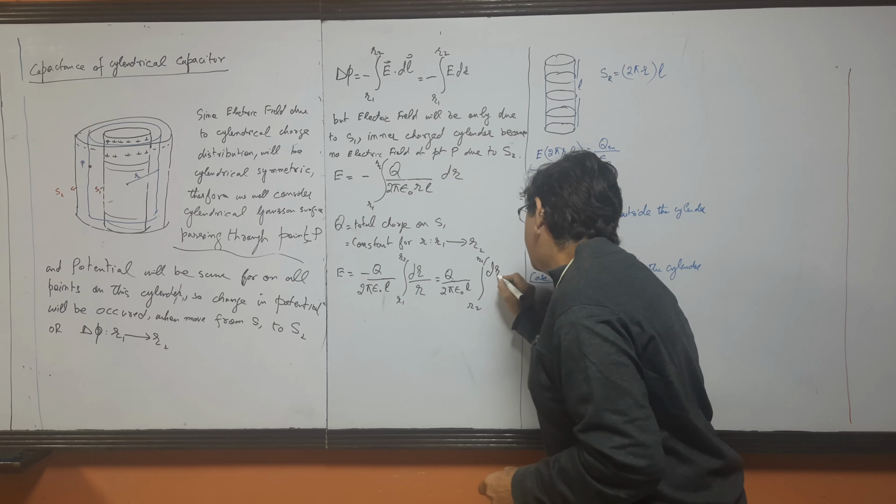You are right, R2 is bigger and R1 is smaller. Whatever the difference is, if it is -3, it will become +3, and if the difference is +3, it will become -3.